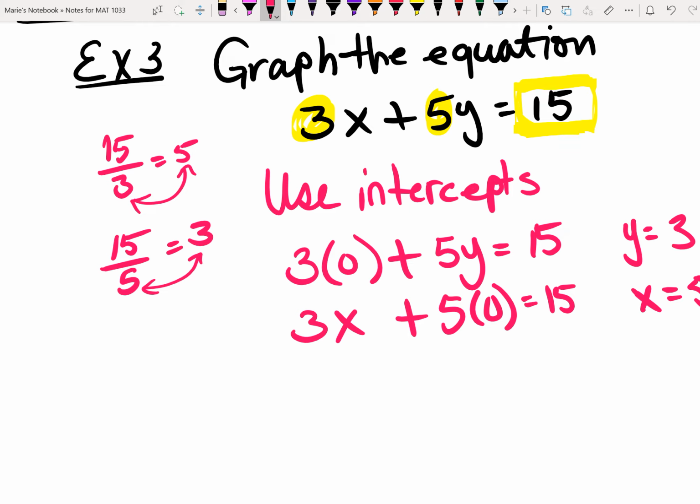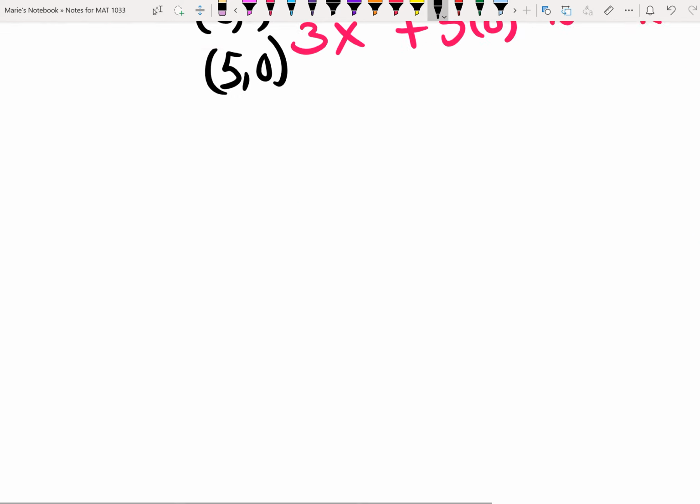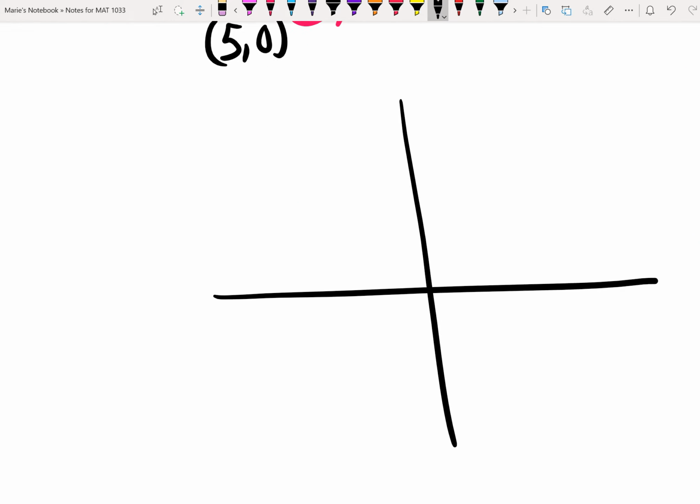So my coordinate pairs, respectively, for this one is 0, 3, and for this one is 5, 0. Okay? So that's example 3, where you're going to graph this using the 2 points that I gave you.